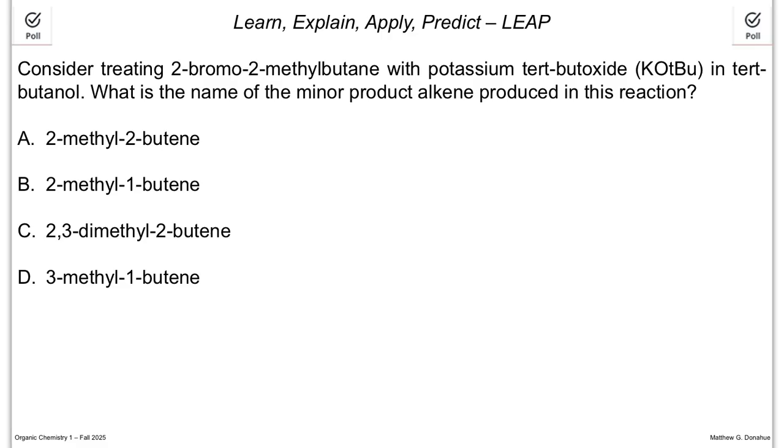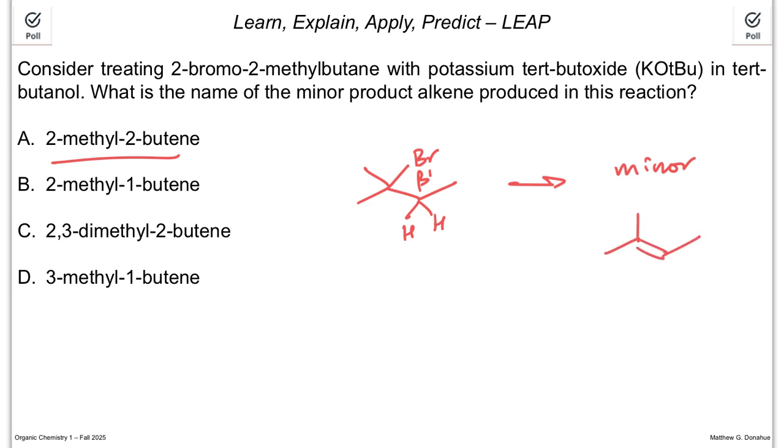That's when we would eliminate from the beta prime. Any guesses? So 2-methyl-2-butene.